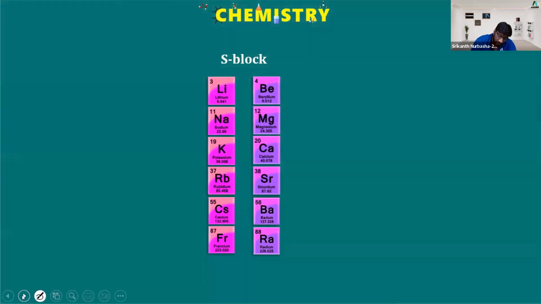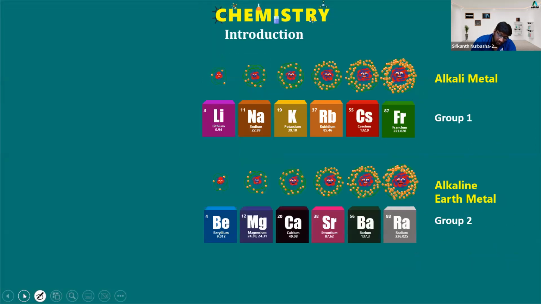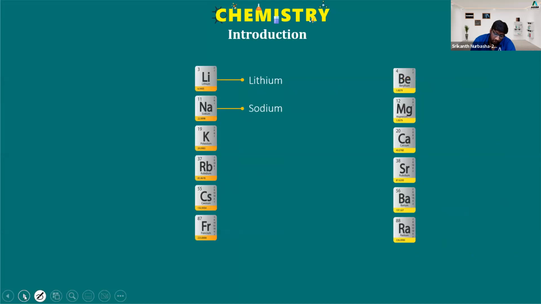Yes or no? Group 1: lithium, sodium, potassium, rubidium, cesium, francium. Group 2: beryllium, magnesium, calcium, strontium, barium, and radium. These are the names of group 1 as well as group 2 elements.